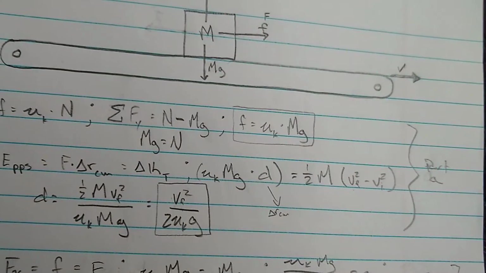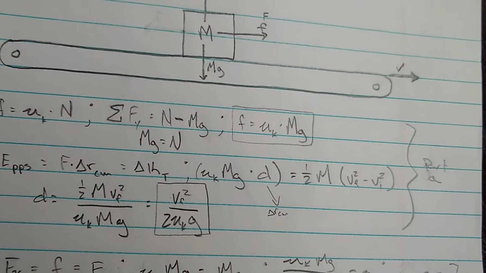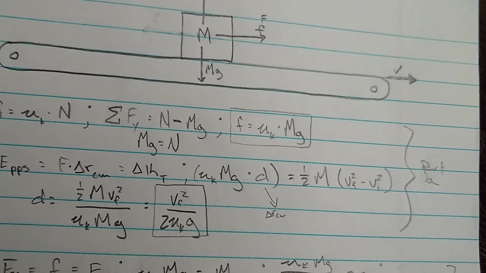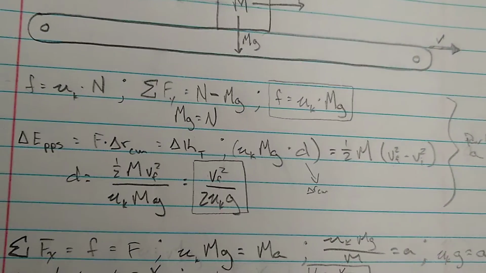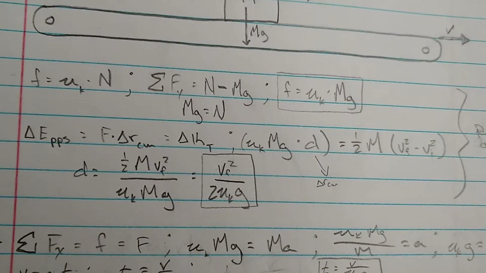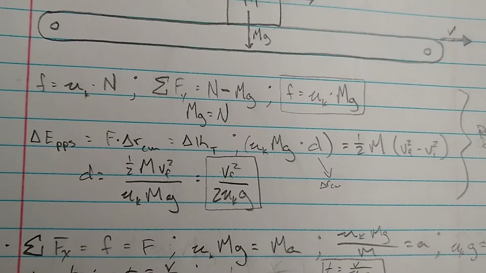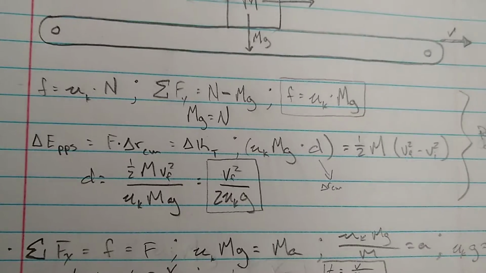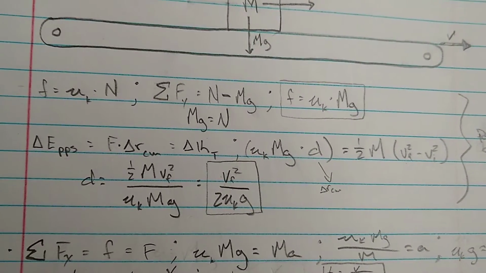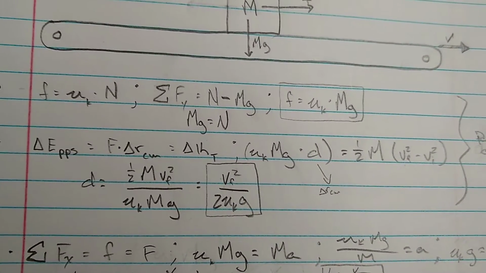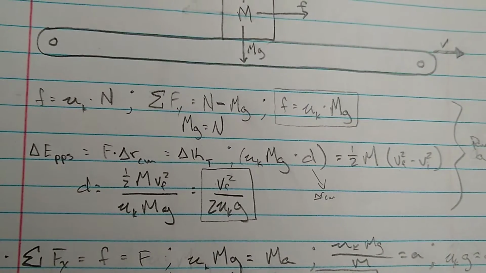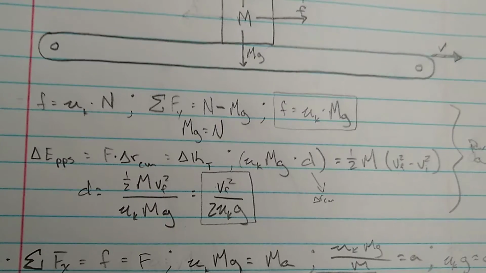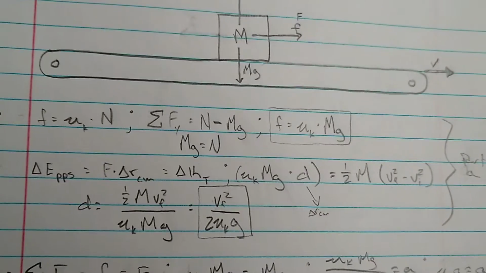Since the initial velocity is 0, we just have 1/2 mv squared, do our algebra, and you will get that d equals the final velocity squared over 2 times the coefficient of friction times g, gravity, because we're assuming this is on Earth.